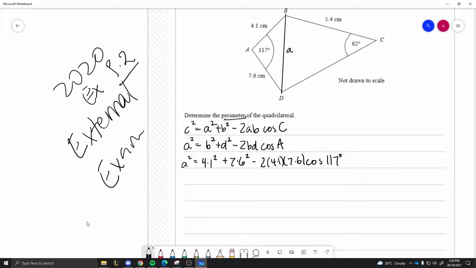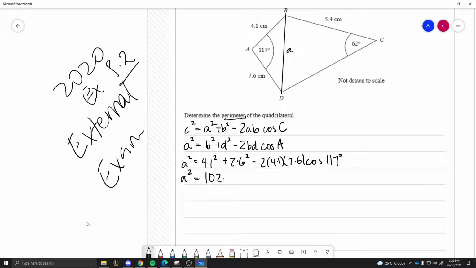I'll put that into a calculator: 4.1 squared plus 7.6 squared minus 2, 4.1, 7.6 cos 117. Make sure your calculator is in degrees, because it's a degrees question.